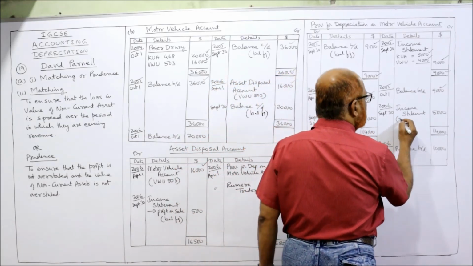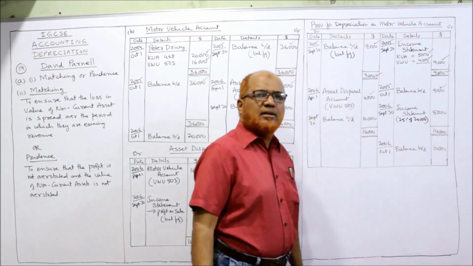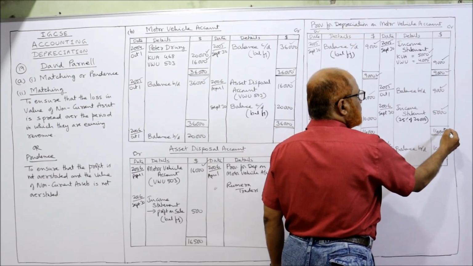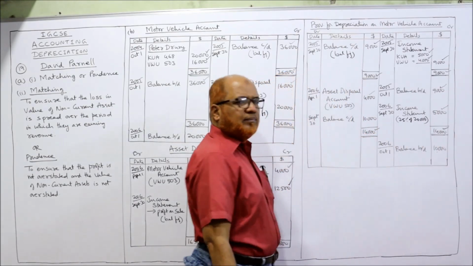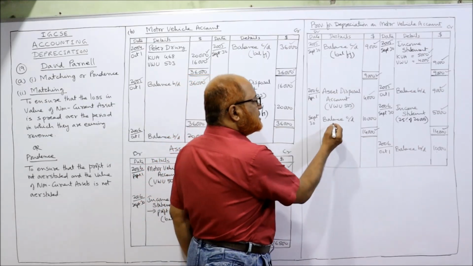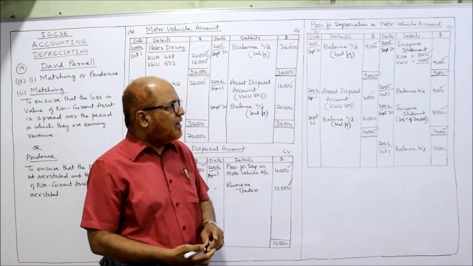Now 9,000 plus 5,000, 14,000. Take the same 14,000. 14,000 minus 4,000, so 10,000 is the balancing figure.